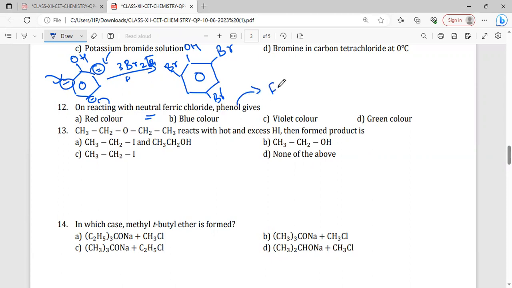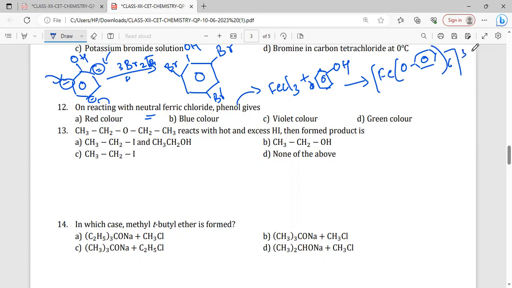Whenever you add ferric chloride to phenol, it will form a violet colored complex. So from this we can know that whatever I have taken is a phenol. Okay. Should be option C.